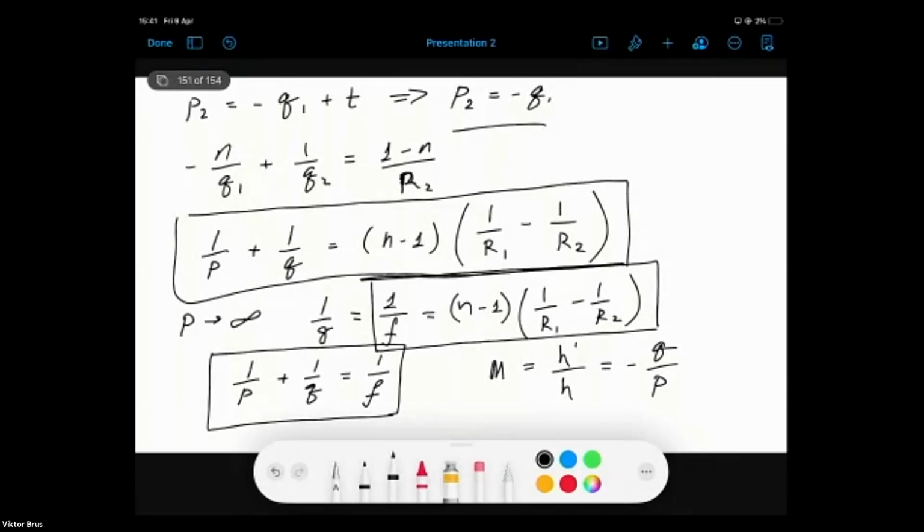P is positive if it is in front of the lens. Q is positive if it's on the other side of the lens, behind the lens. And so on, this also applies to the position of the centers of curvature of the first and second surfaces of the lens.